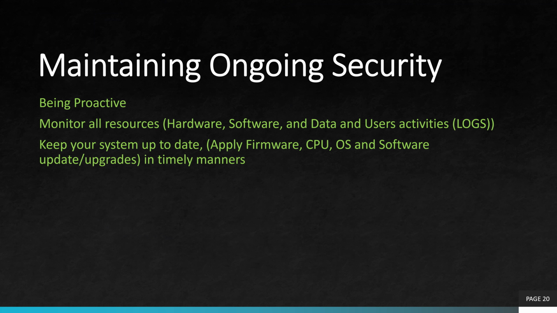Keep your system up to date. Apply firmware. Apply critical patch updates. CPU stands not for central processing unit in this case, but for Oracle critical patch update, or OS level critical patch update. Sometimes there are patches that you have to do at the OS level, sometimes database, sometimes software, sometimes WebLogic, sometimes Node.js, sometimes Java, sometimes Python.